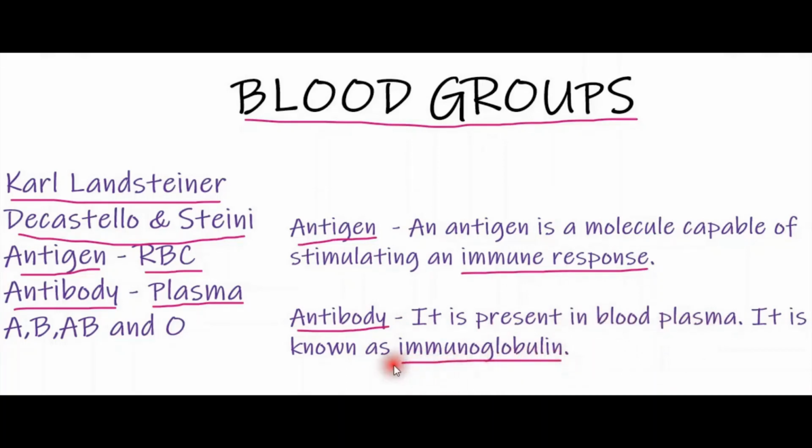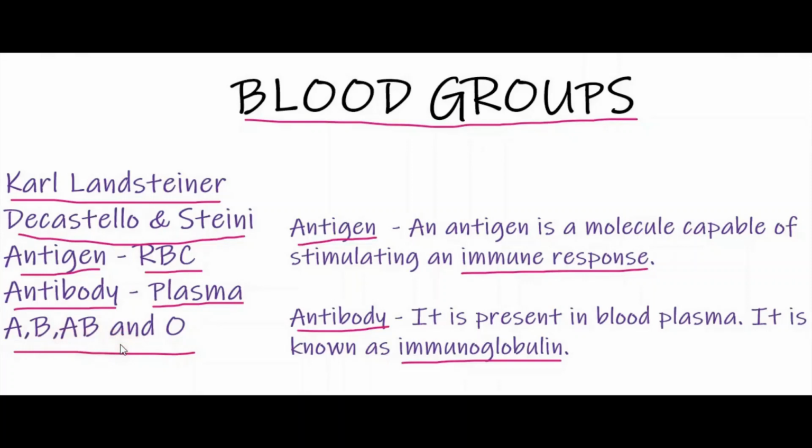Based on the presence or absence of antigens and antibodies, human blood group is classified into 4 groups. They are A, B, AB and O.